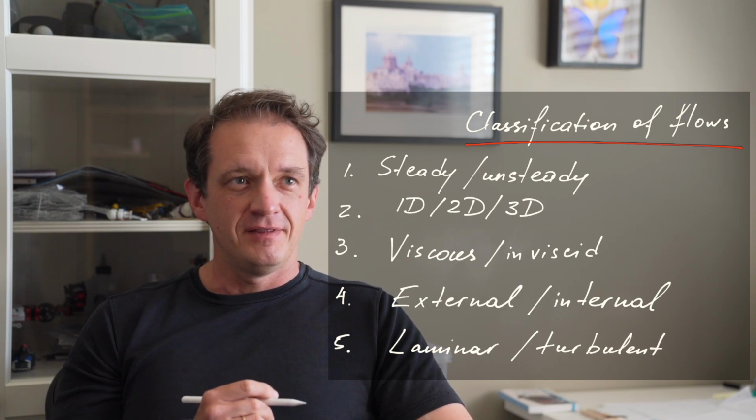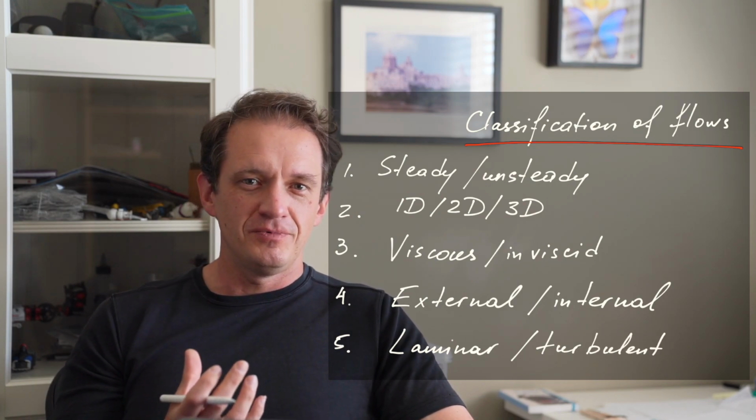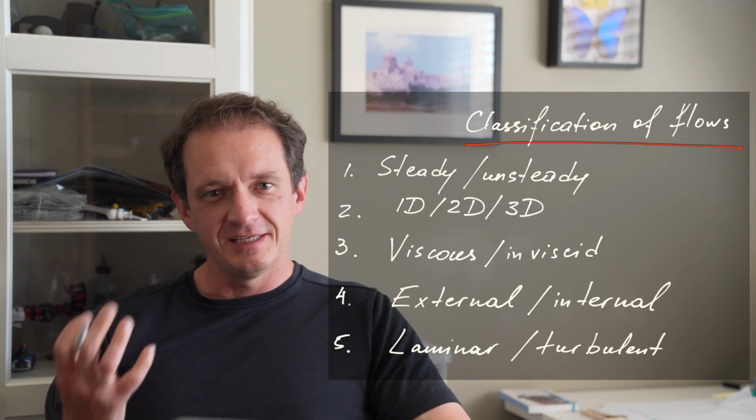These are the main things, and our job as engineers or scientists is to basically make a call when it is appropriate to employ certain classification, to basically say, okay, this flow is 3D or this flow is steady, etc. The terms in the equations that are going to be ignored represent actual physical properties of the flow, of the solution.